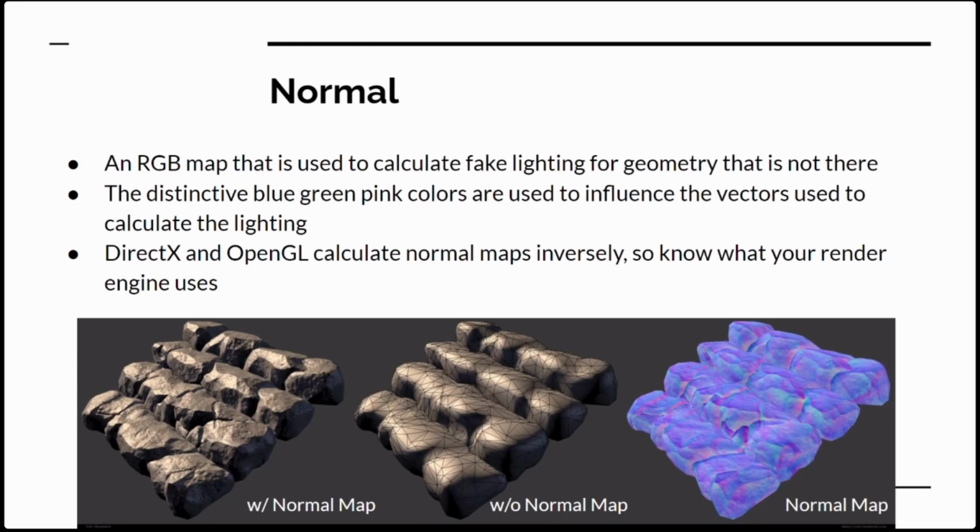And the last line is kind of important because when you get into texturing, there are different ways of rendering normal maps. There's what's called DirectX and OpenGL. That's really the only thing you need to know them for, is that they calculate these inversely. So whereas a light pink would be a certain direction in DirectX, it will be the opposite direction in OpenGL.